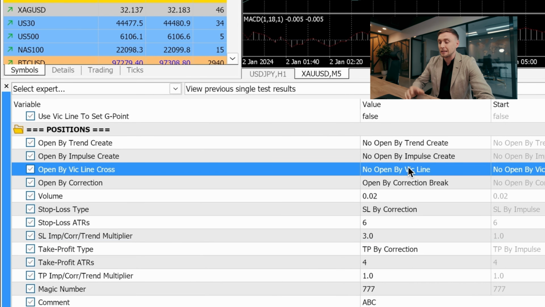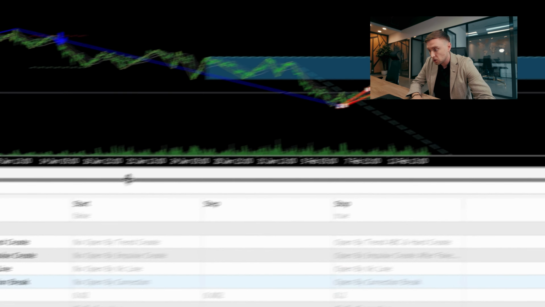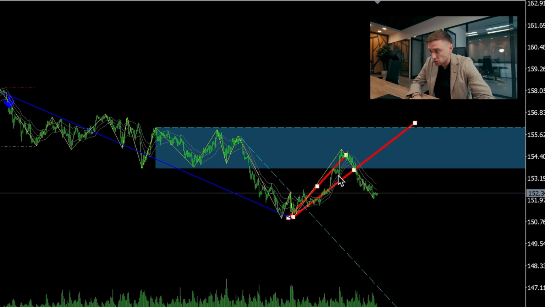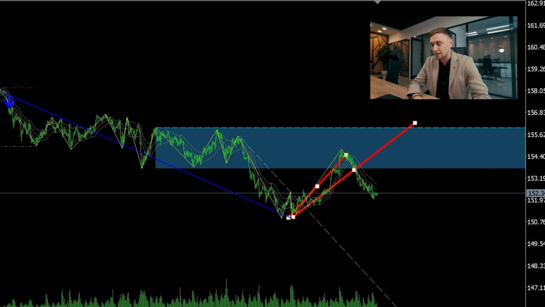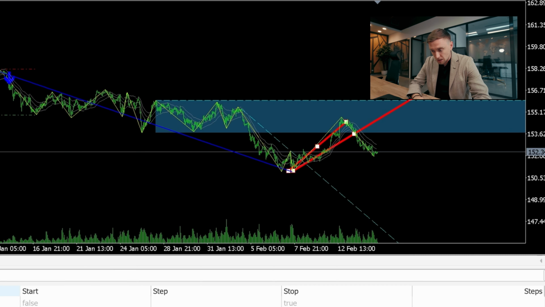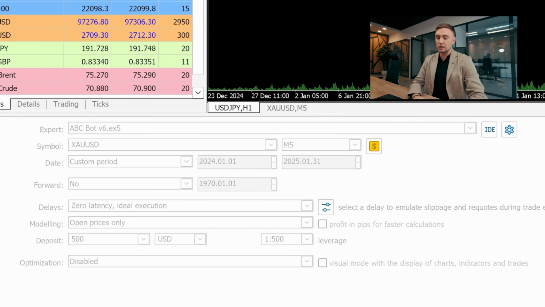Of course, it cannot be the same, but open by correction break. So it will open a position in this current situation, when we can call it correction was deeper, boosted one, or whatever you want to call it. But we can do the same backtest, the same 0.02 from $500, and let's check the result.